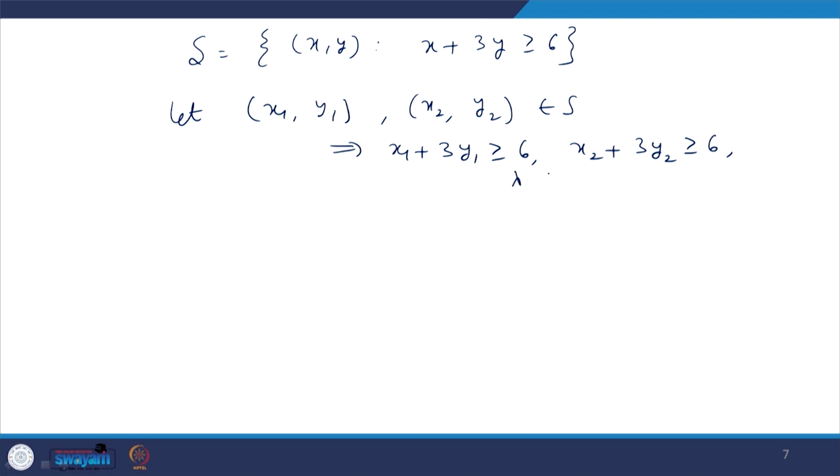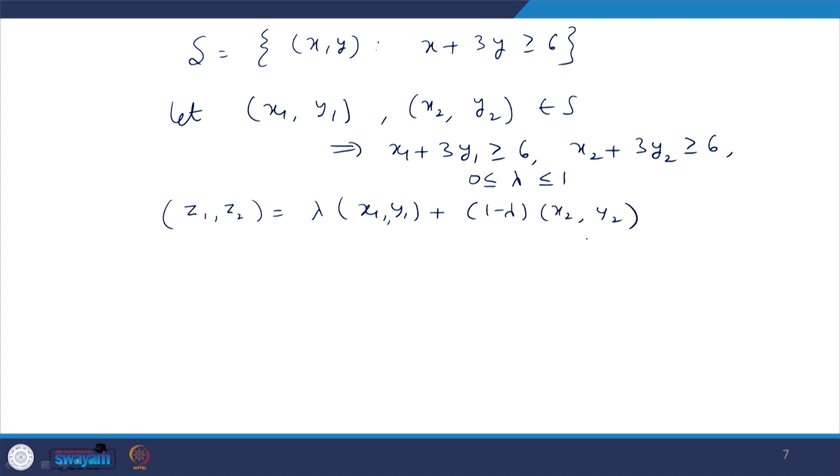Now, take lambda between 0 and 1. Now, take another point, say (z 1, z 2), which is lambda times the first point and 1 minus lambda times the second point.